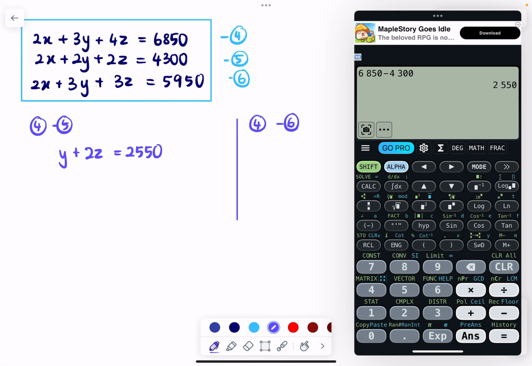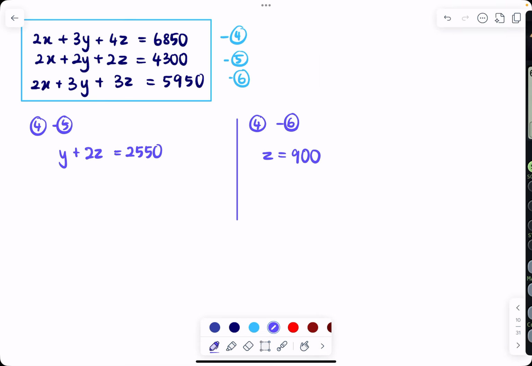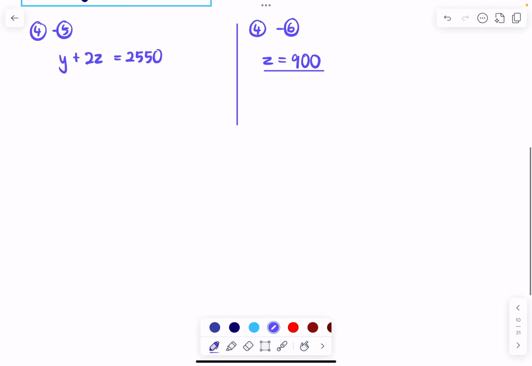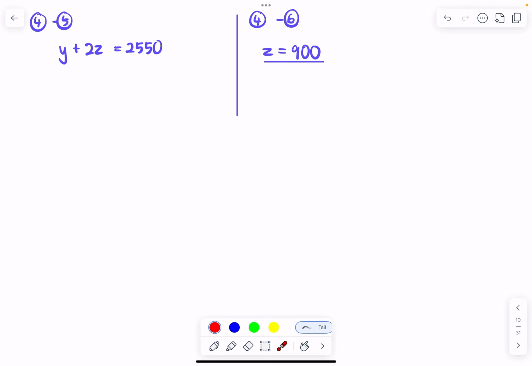And then this side, equation 4 minus 6, 2x minus 2x cancels off, 3y minus 3y cancels off, 4z minus 3z is just z. This minus this, 900. Nice. So we already got one answer. Z is 900. So now that we got Z is 900, we can sub this into here.